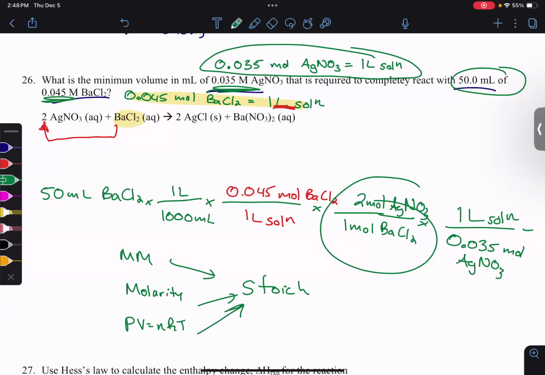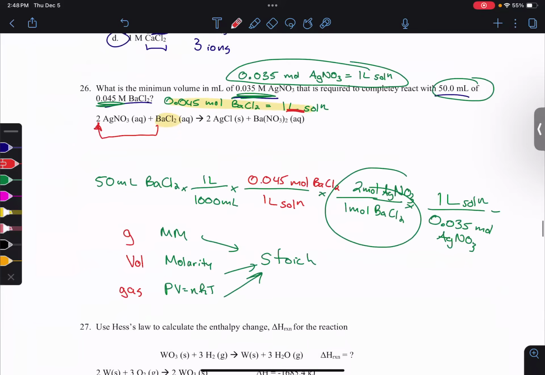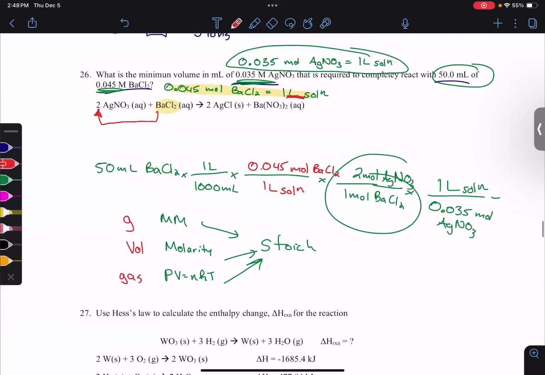All of it is the same thing. Get to moles, use your balanced chemical equation to do stoichiometry, then convert it to something else. These are just our different tools to allow us to do that, where we can go from grams, volume, or gas properties, and then do stoichiometry. Okay, so, great. All right, so there we go.